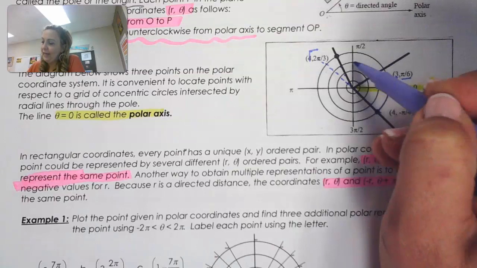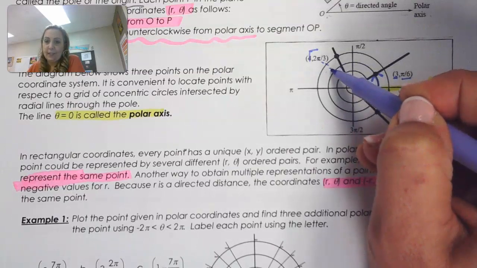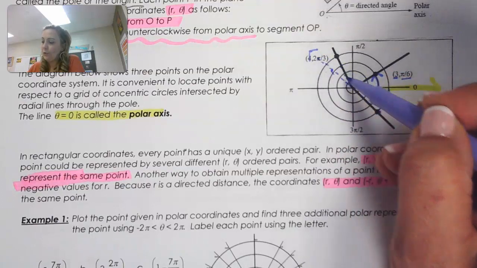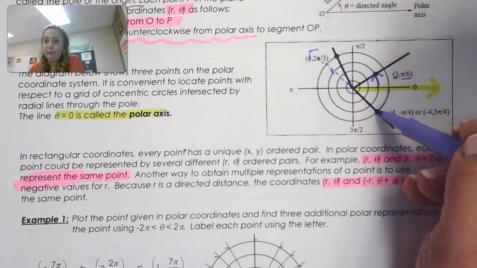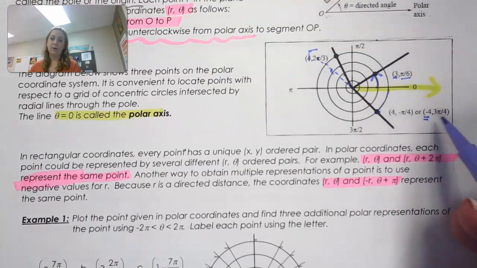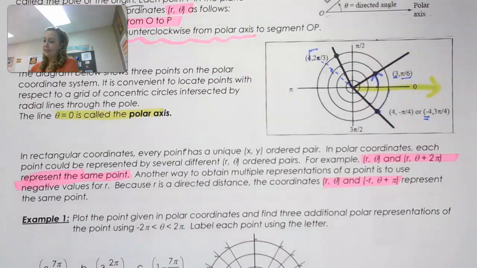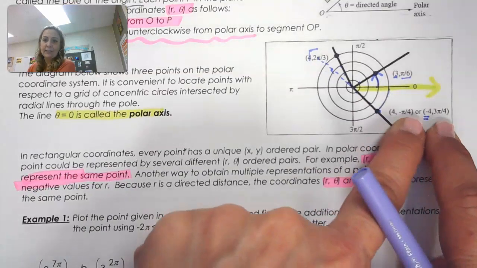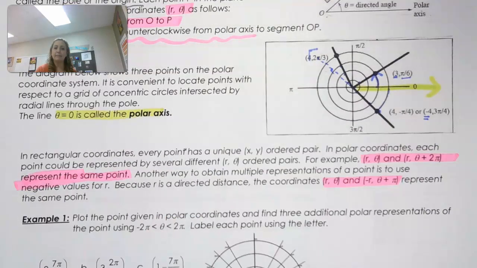If we went to an angle of 3 pi over 4, to get to this point, we would have to go backwards 1, 2, 3, 4. Hence, we could have negative 4, 3 pi over 4. And do you guys see how those are related to each other, like the difference in the angles? Negative pi over 4 and 3 pi over 4 differ by pi.